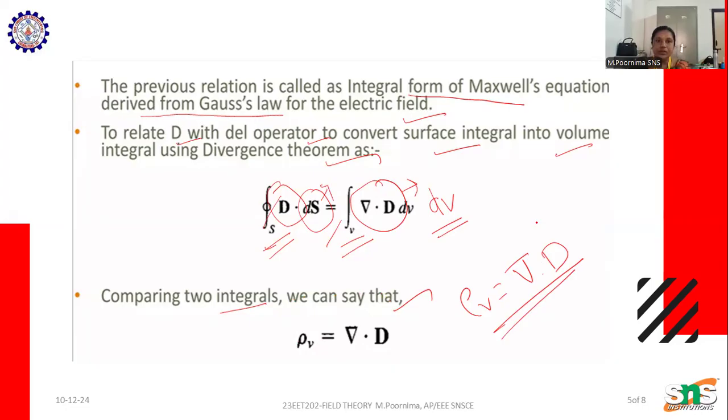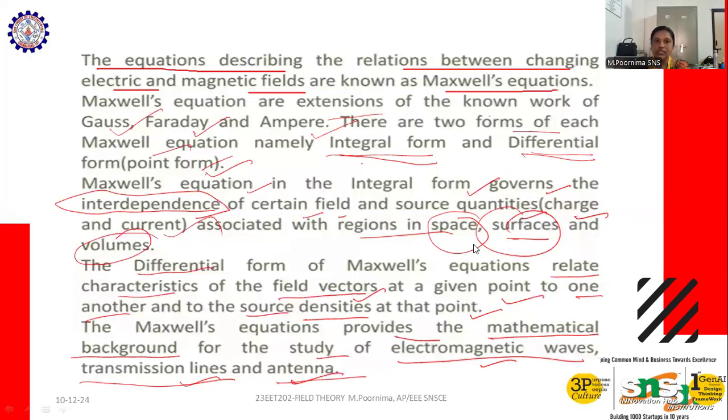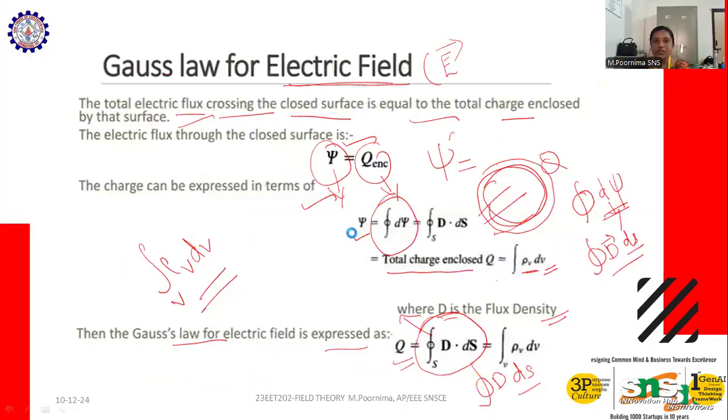This is Gauss law in its final form. We have seen the introduction about Maxwell's equations, and here the Gauss law. The total flux crossing the closed surface is equal to the total charge enclosed by the surface.